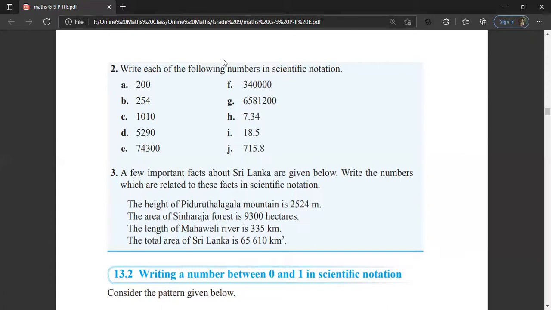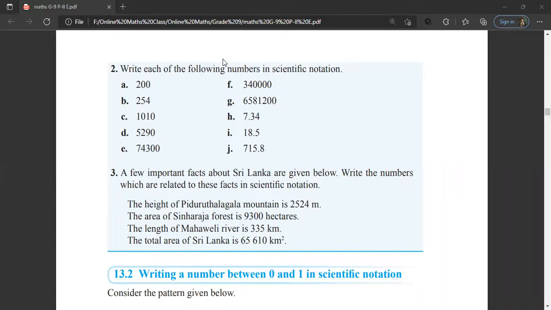B, 2.54 into 10 to the power 2. Okay, good. C, 1.01 into 10 to the power 3. Good. D, 5.29 into 10 to the power 3.